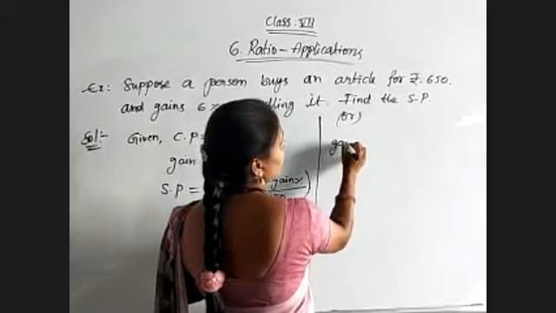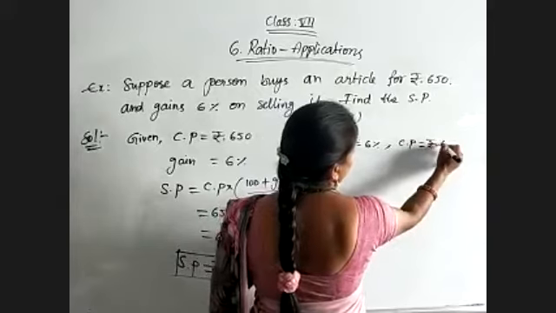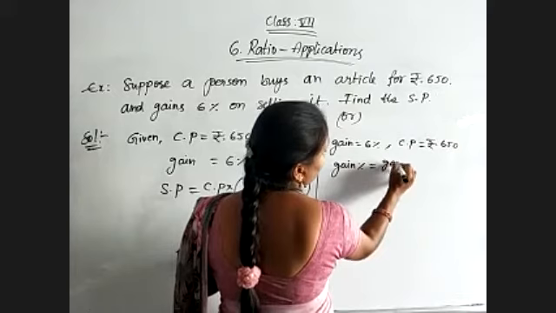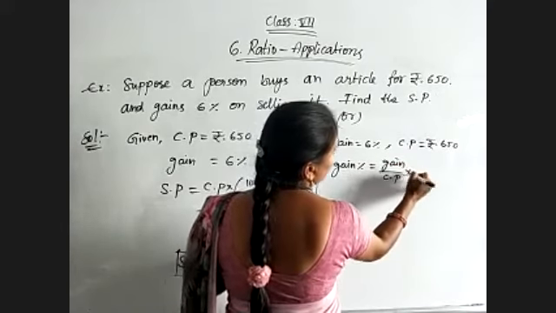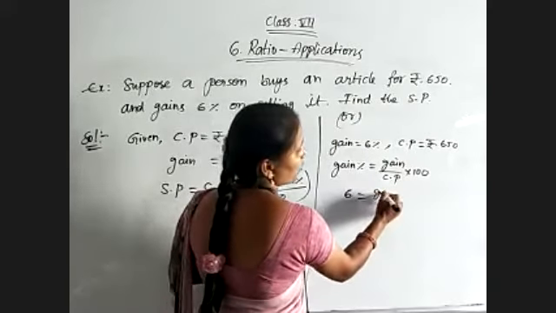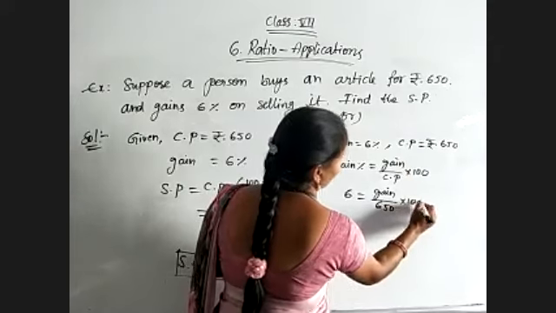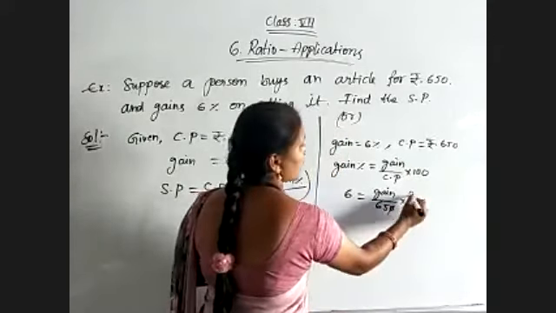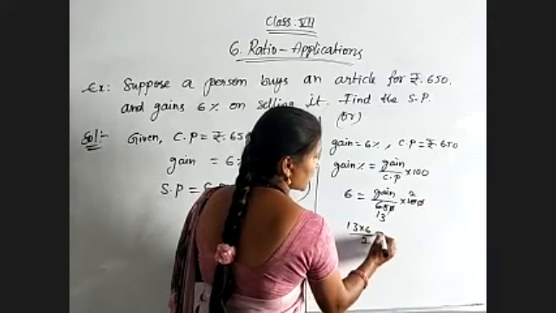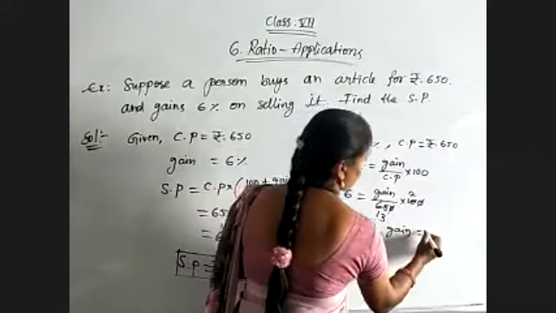Gain percentage is 6% and CP is 650 rupees. We have gain percent is equal to gain by CP into 100. Substituting the values, 6 equals gain by 650 into 100. The zeros get cancelled. 5 2s are 10, 5 13s are 65. So 13 into 6 by 2 is equal to gain, that is 39.